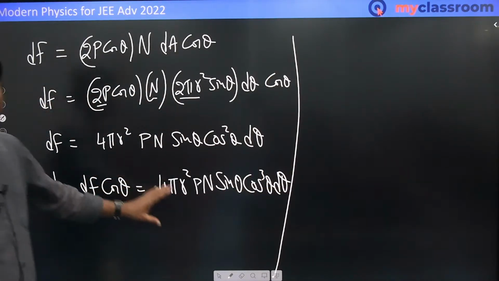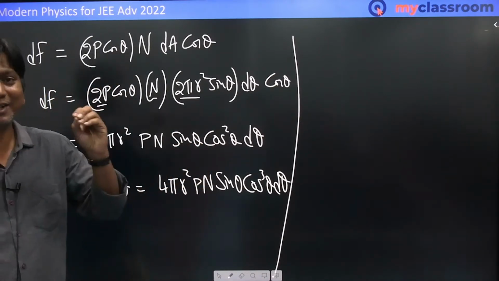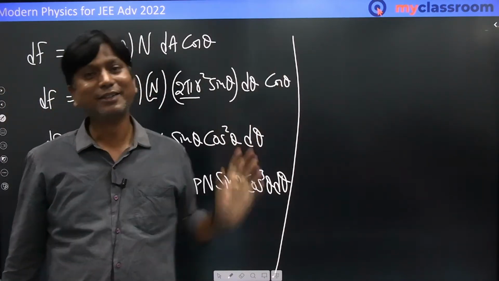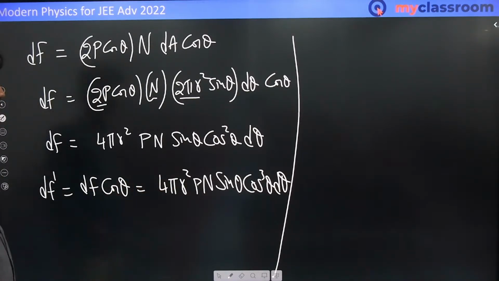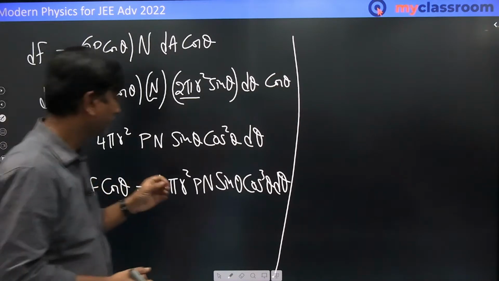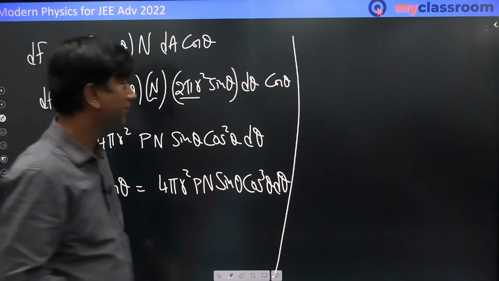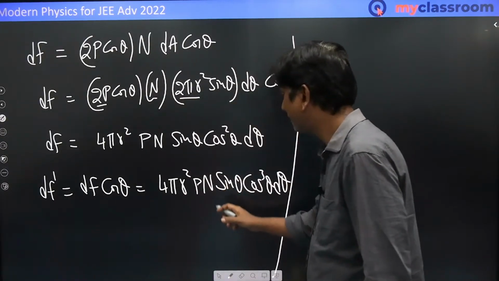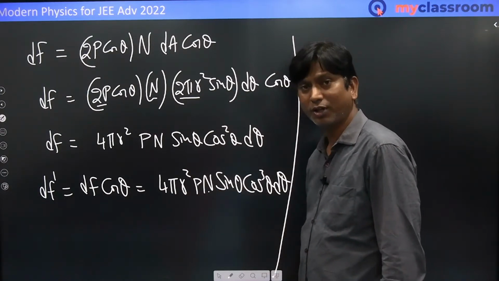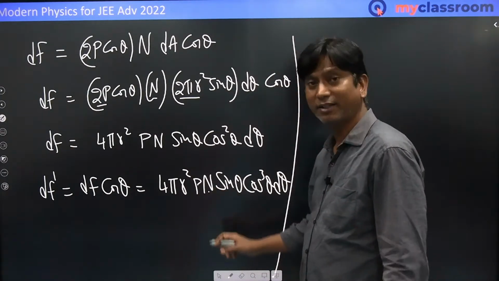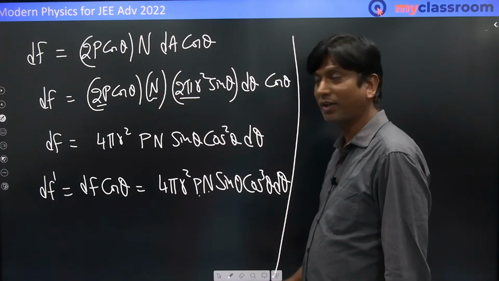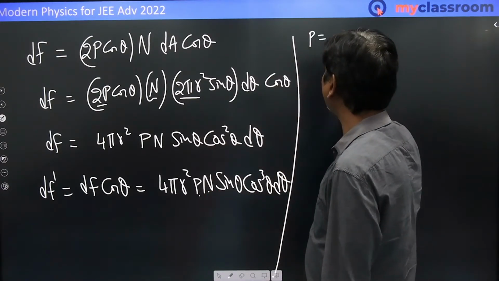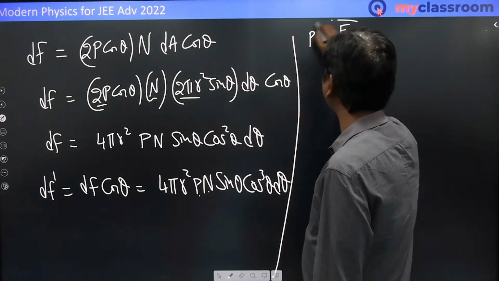So overall, how much all these photons are exerting the force on that particular strip is this one, right? Then, but you know what? These are the number of photons striking the surface per unit time per unit area, and this is the momentum of each photon. I already told you momentum of each photon is equal to energy of the photon by c.